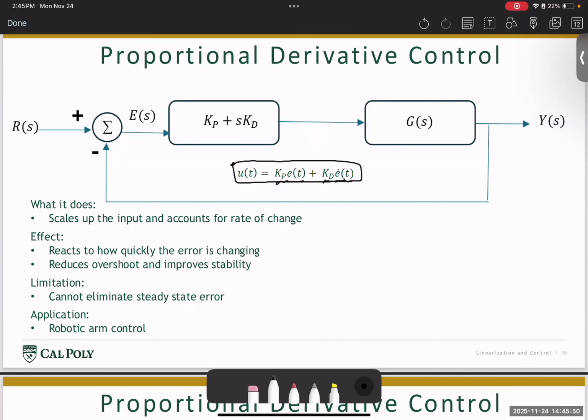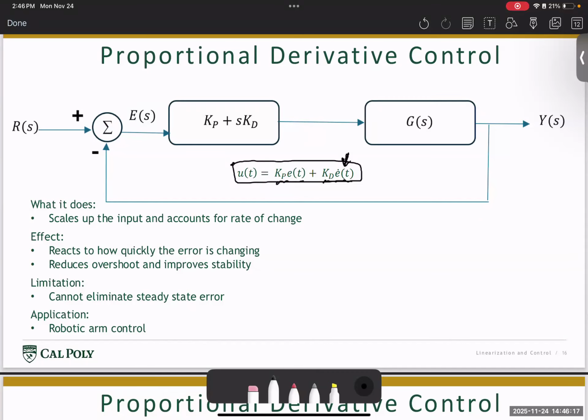So if the error signal increases fast with time, then this generates more control input to counteract that increase in the rate of change of error. The advantage that this gives us is that based on how quickly the system's error grows, the control responds by creating a control action that keeps track of this quickly changing error, thereby trying to bring it to stability.